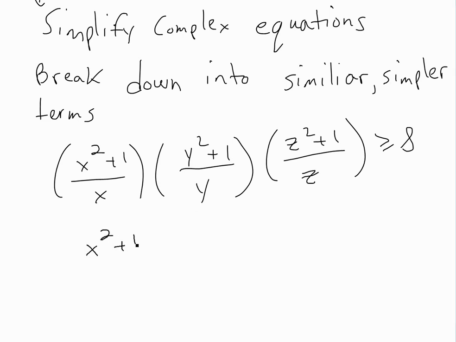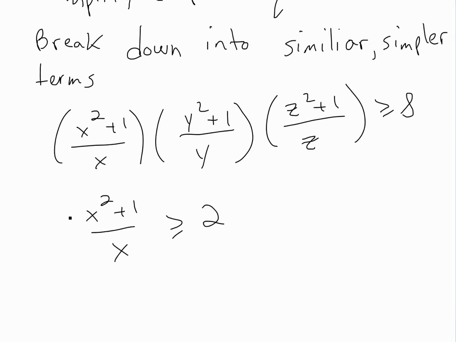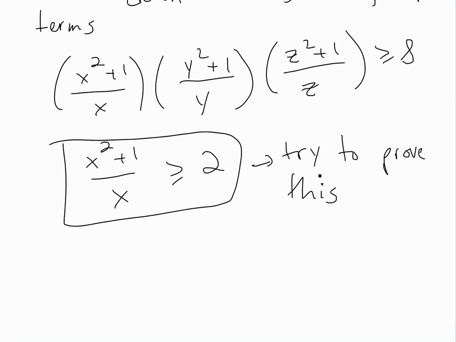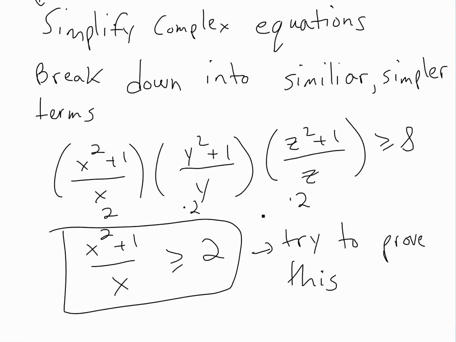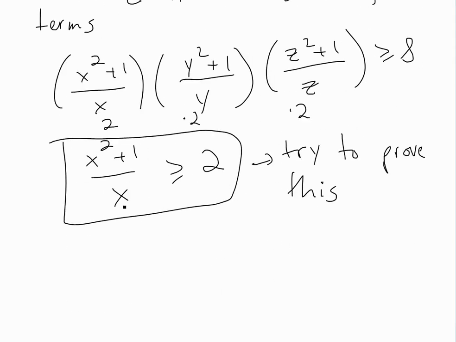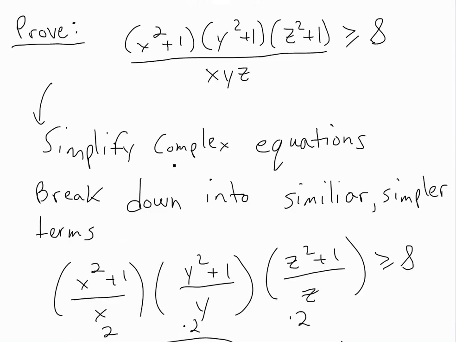If we prove that (x squared plus 1) over x is greater than or equal to 2, then the whole expression will be 2 times 2 times 2, which is greater than or equal to 8. If we do prove it, each of these will be greater than or equal to 2, and the product will be greater than or equal to 8, because 2 times 2 times 2 is 8. That is the idea the calculus book is trying to get across: simplify this. Now we just have to solve the simpler problem instead.